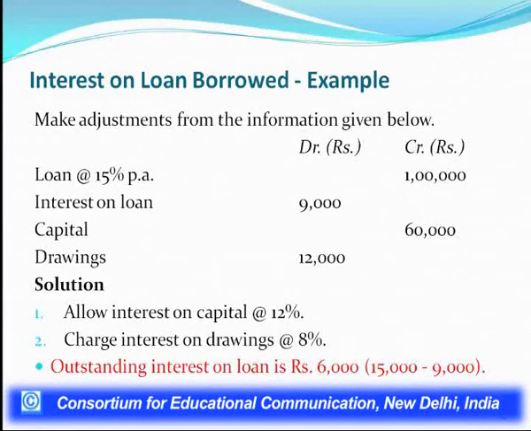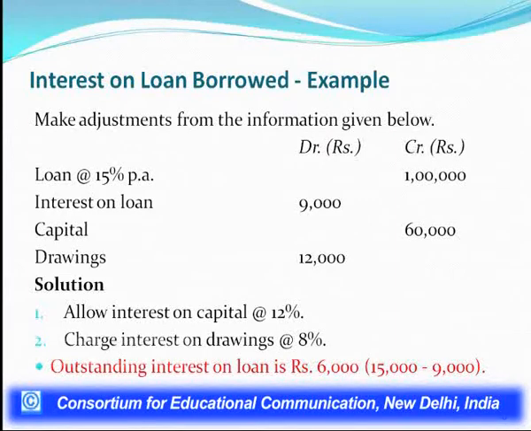So what we see here, the loan is given with a certain rate of interest, that is 15% per annum. It means it is our duty to calculate the interest. Nothing else is given, it means this loan was outstanding for the full year. So the loan is 1 lakh and the rate of interest is 15%.